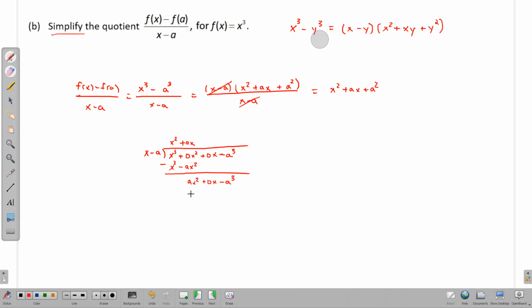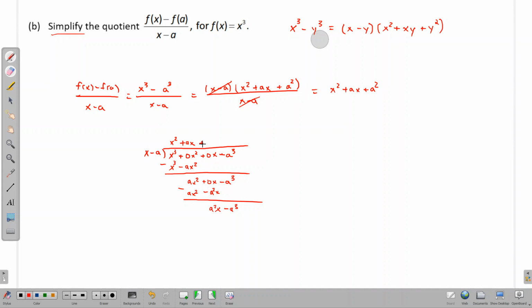Distribute it, so we have ax squared minus a squared x. Right, this times this would be a squared x. And then that's all those. Subtract down, these cancel, but you end up with a positive a squared x minus a cubed. Okay, and then the last one, what do we have to multiply that by to get this?